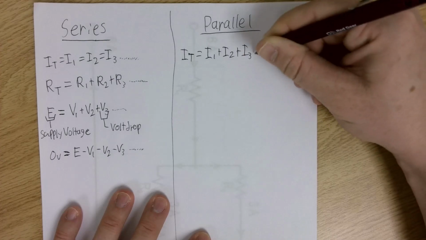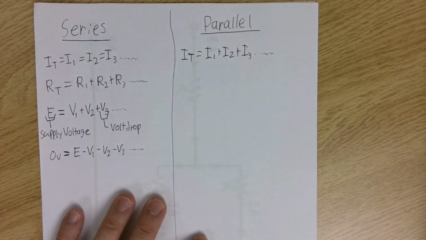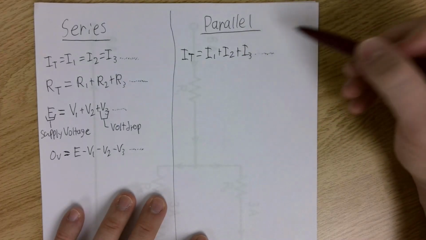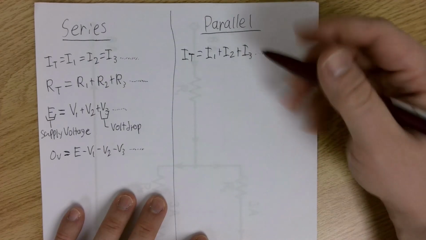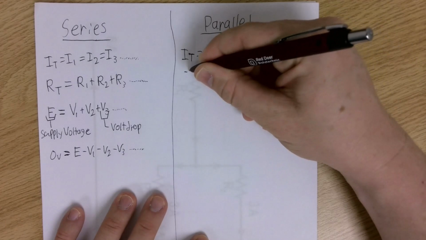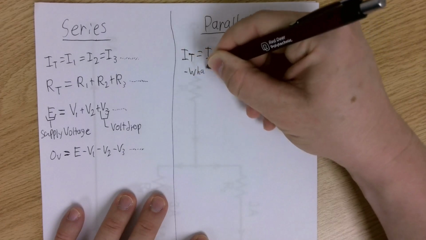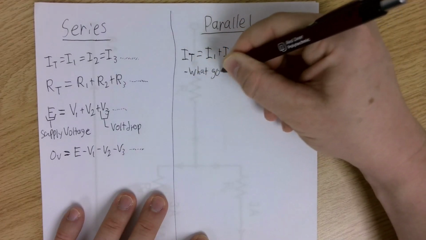It's going to equal the sum of all of your currents coming in and out of certain junctions and nodes. So what we could say is what goes in must come out.